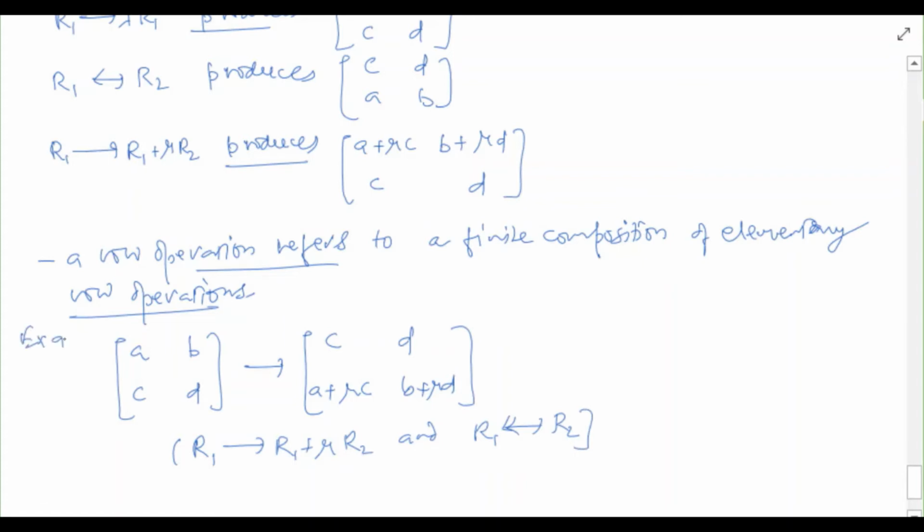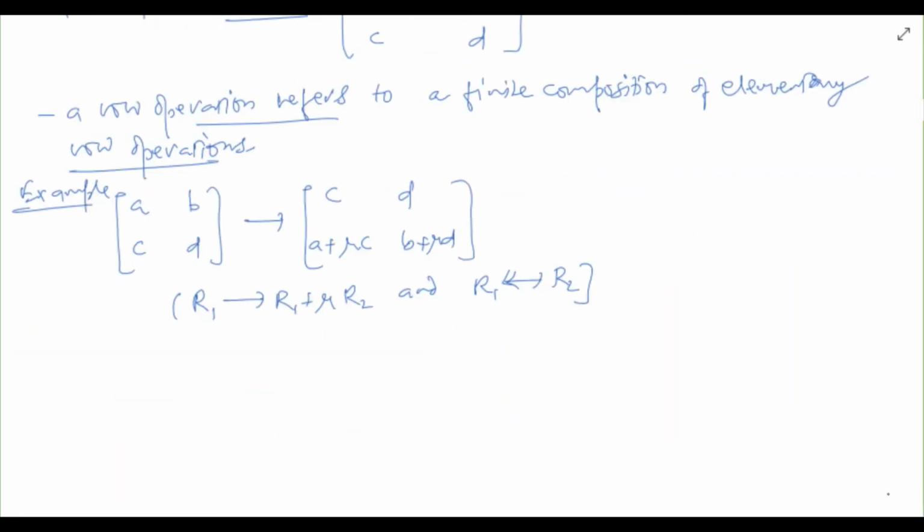This is an example of a row operation. We will see that any matrix can be mapped to a reduced row echelon matrix using a row operation.